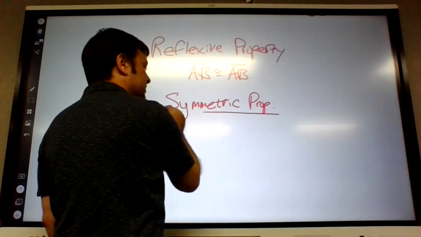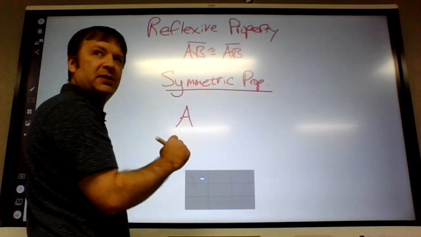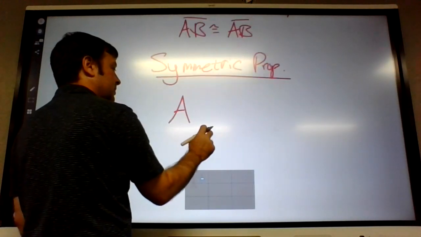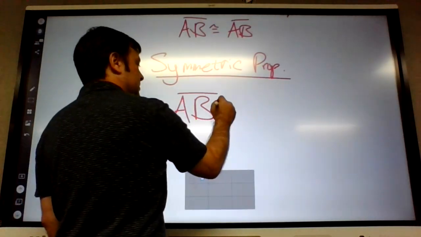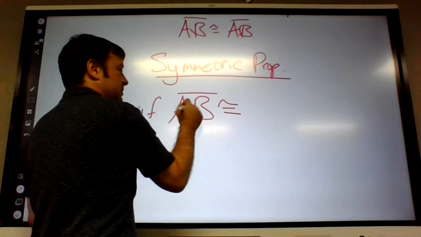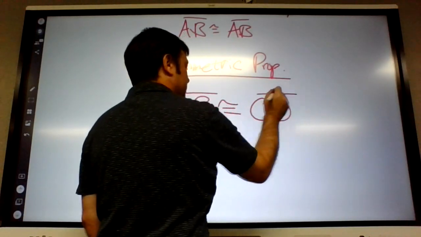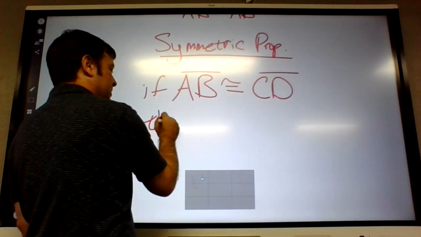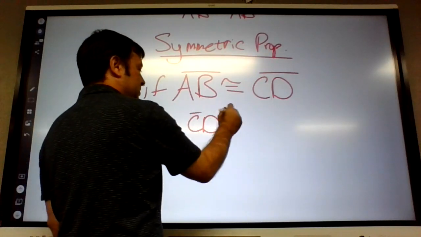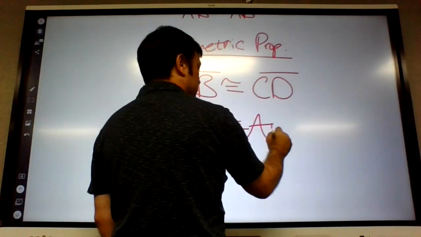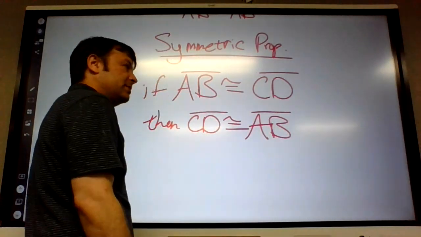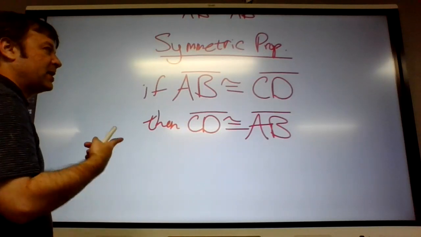I'm going to abbreviate here for time's sake. It says something like, if segment AB is congruent to segment CD, then segment CD is congruent to segment AB. So it just says the same thing backwards.